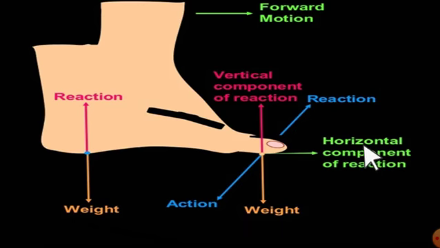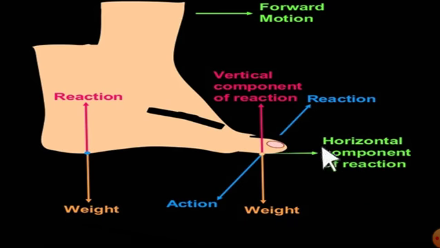So component means nothing but that we are going to split this reaction into two forces. Instead of this reaction, it will be equivalent to have only these two forces. If you combine these two components, horizontal and vertical, you will get this reaction. So we are going to assume that instead of this reaction, we have these two forces.